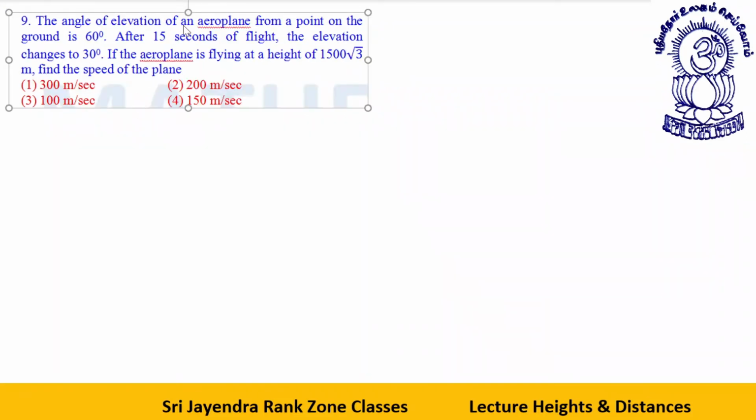The angle of elevation of an aeroplane from a point on the ground is 60 degrees. After 15 seconds of flight, the elevation changes to 30 degrees. See, let's say first of all there is an aeroplane.